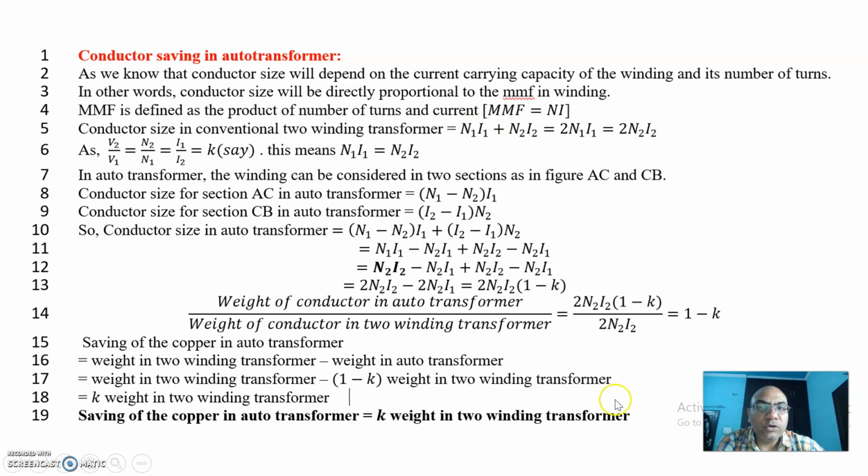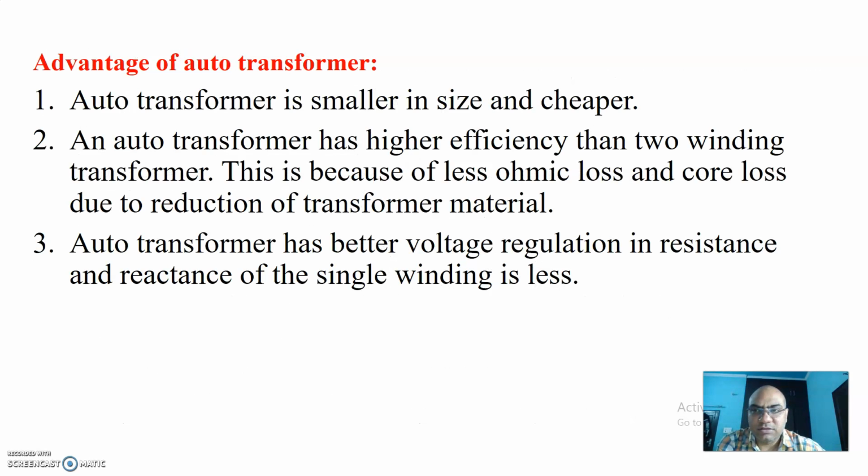So this is the beauty of the autotransformer, that it will reduce the size of the conductor, and therefore due to this reduction in size, obviously our device will be compact, and naturally its cost will also decrease.